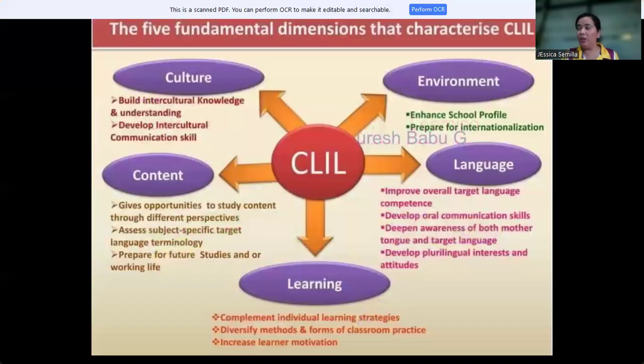Now, let's proceed with the 5 fundamental dimensions of CLIL. So, what are the 5 fundamental dimensions of CLIL? This contains culture, content, environment, and then language and learning.